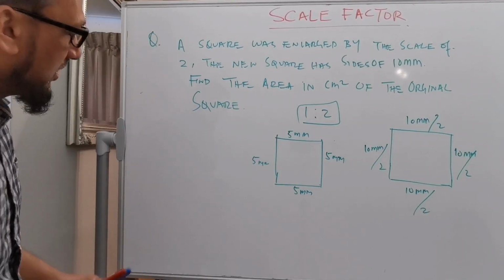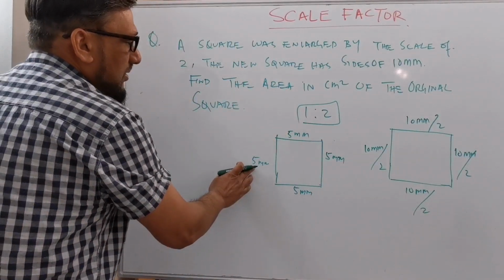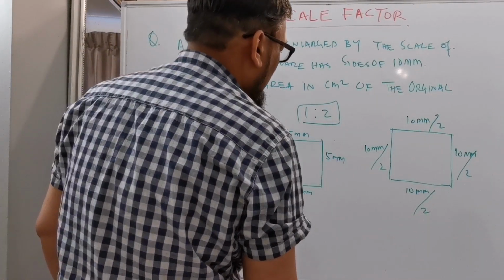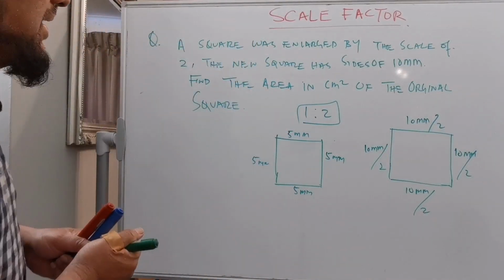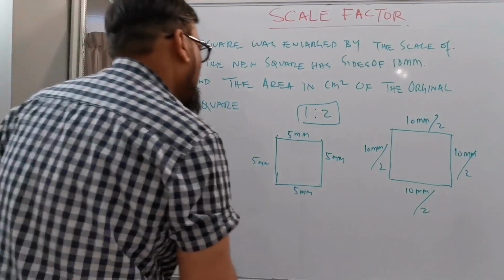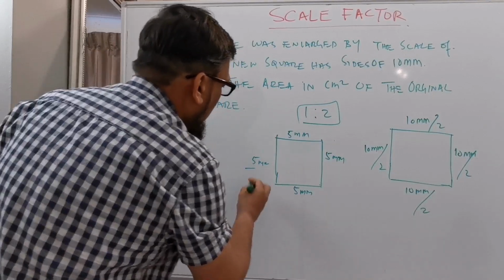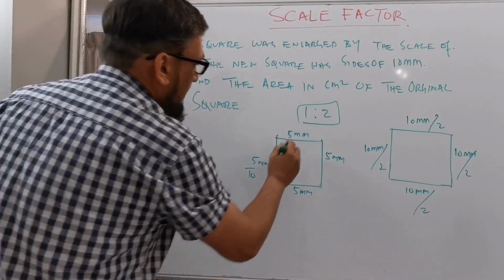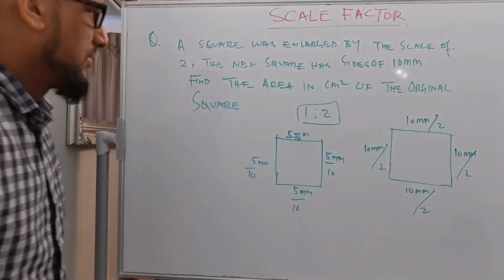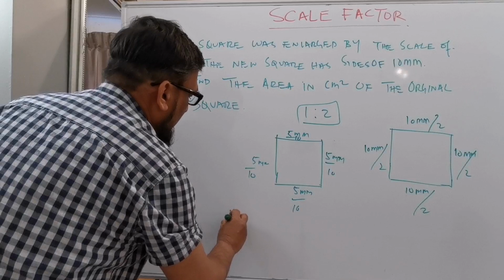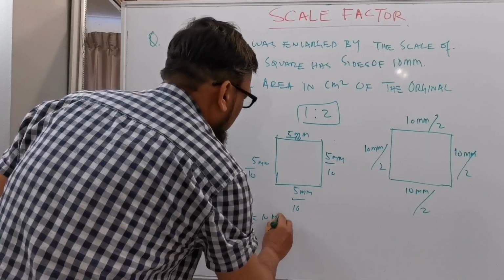So millimeter to centimeter, I simply need to divide by 10, because 1 centimeter equals 10 millimeter.